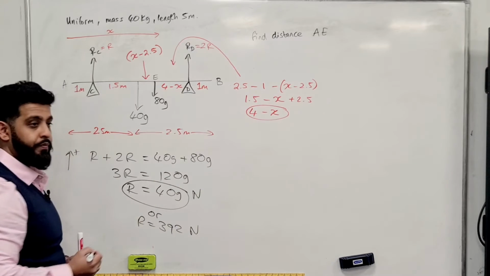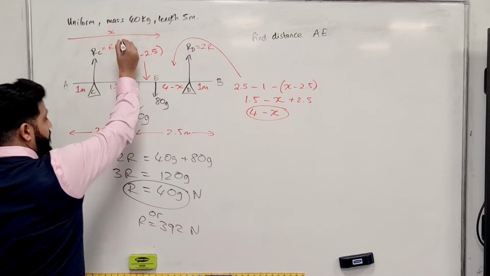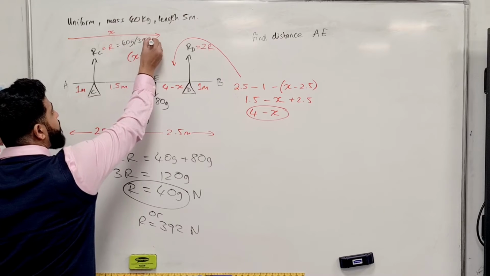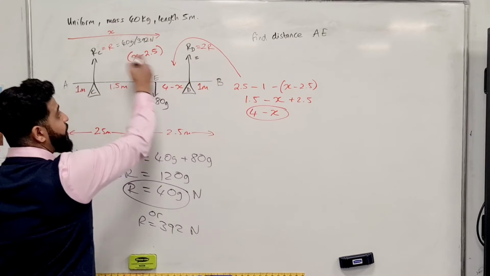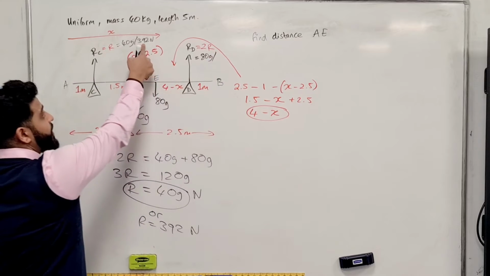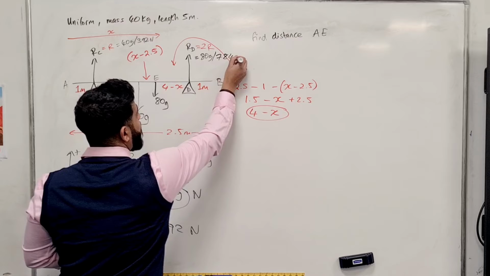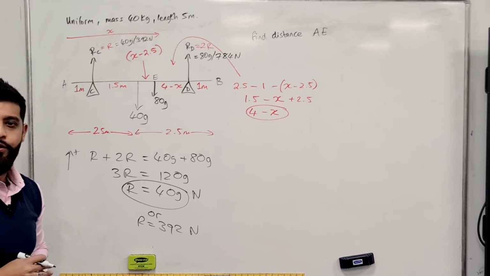So if you go back up here, this is equal to either 40g or 392 newtons. And therefore this one would be equal to 2 lots of 40g, so 80g, or 392 times 2, or 784 newtons. We'll use those figures in our calculations now.